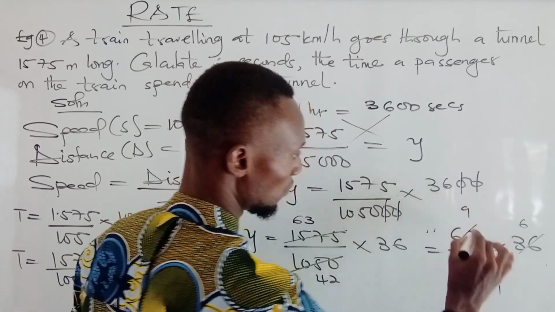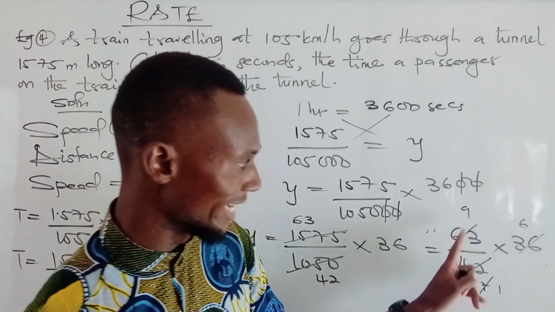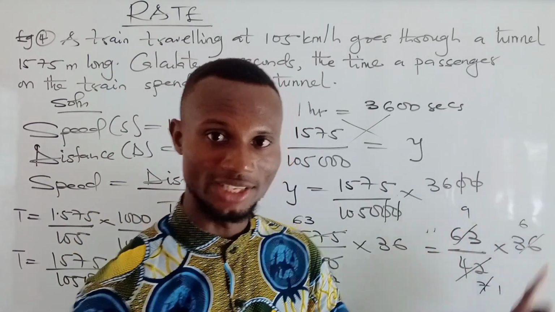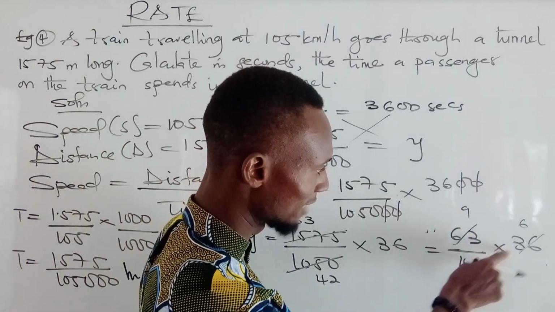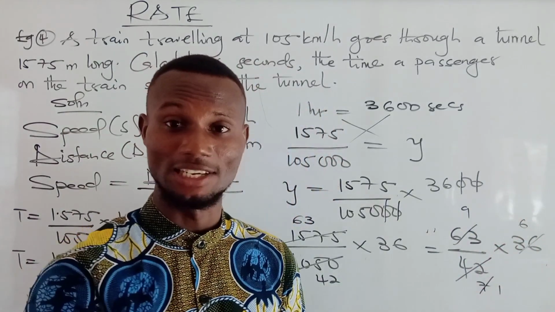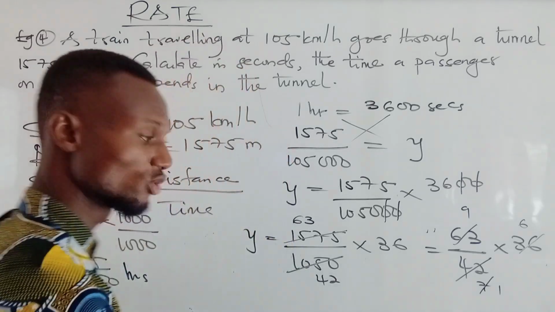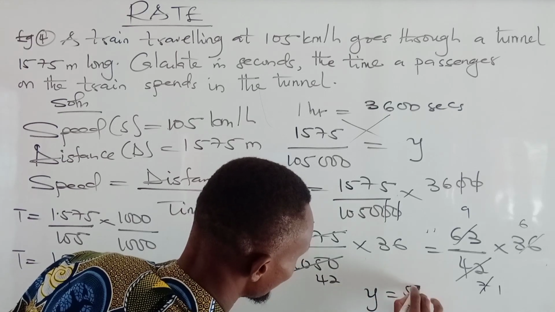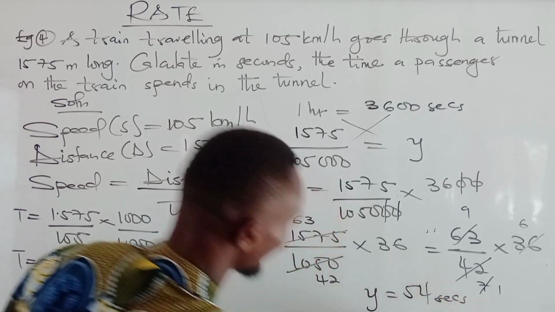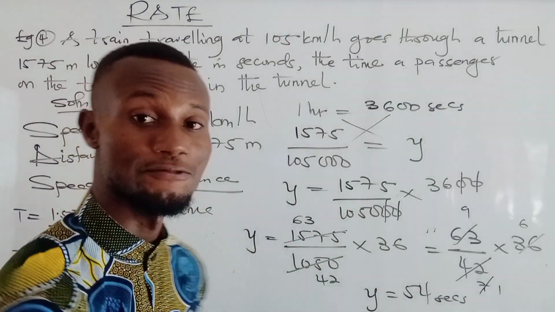What we have left here is 9 times 6. Check the values very well. There's 9 left here times the 6 which is left here, and that gives 54. So my y equals 54 seconds. That is the final answer.